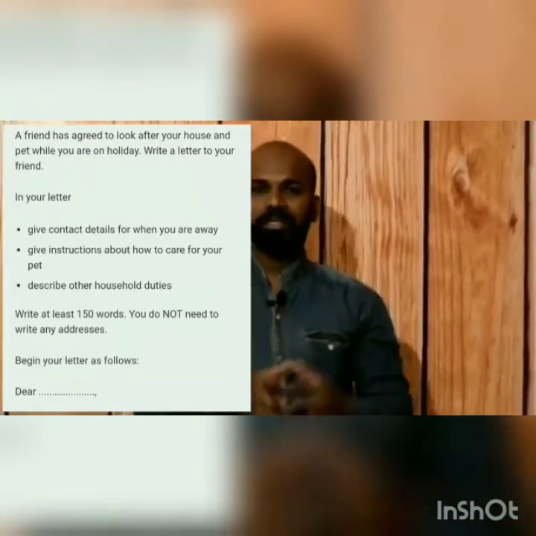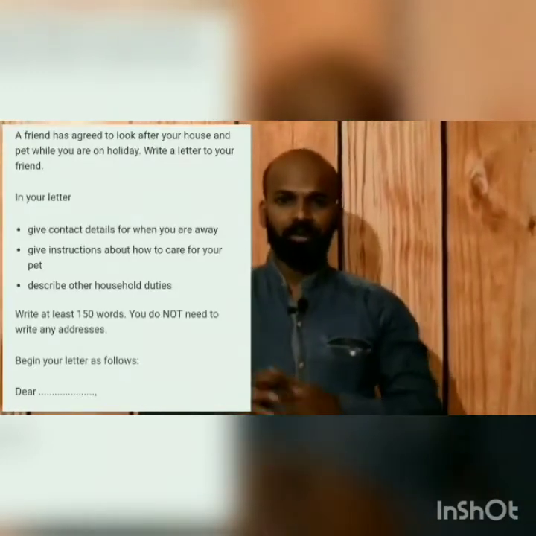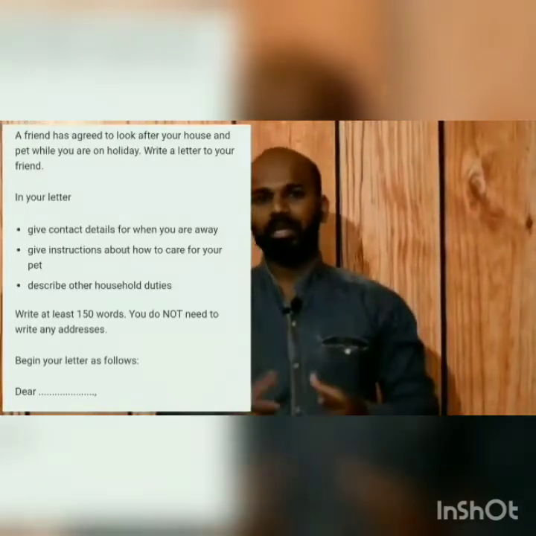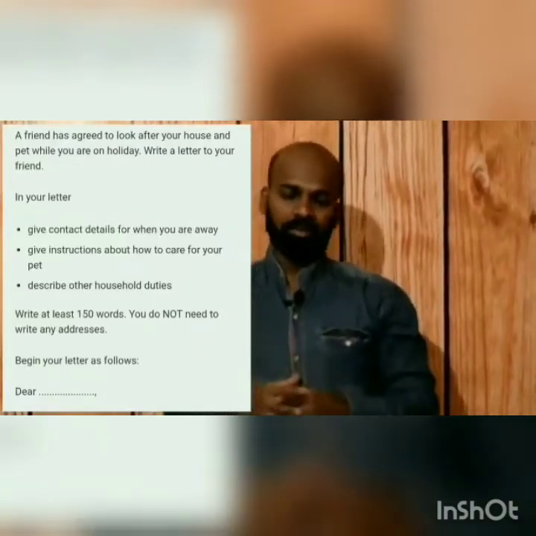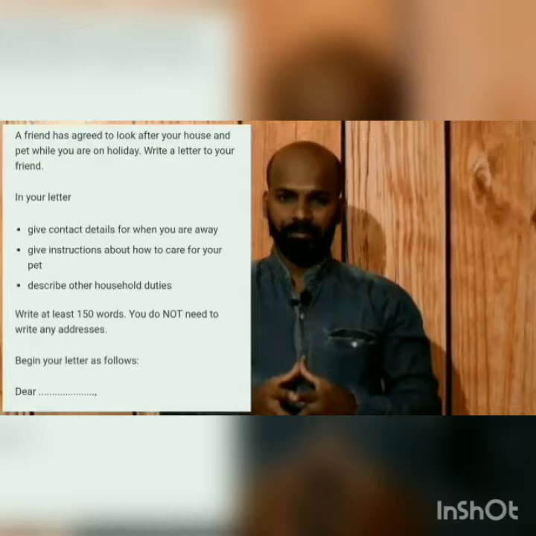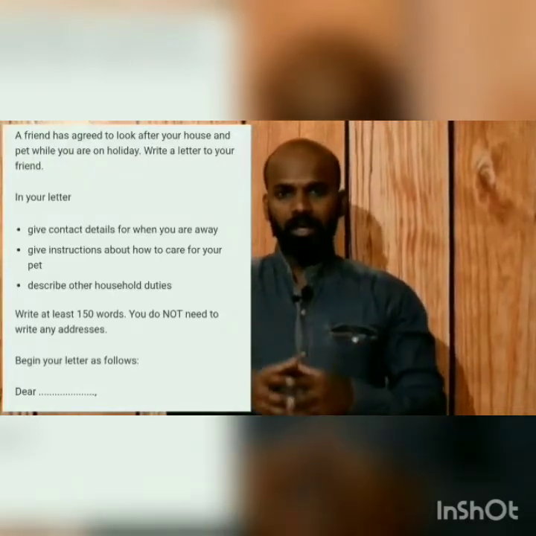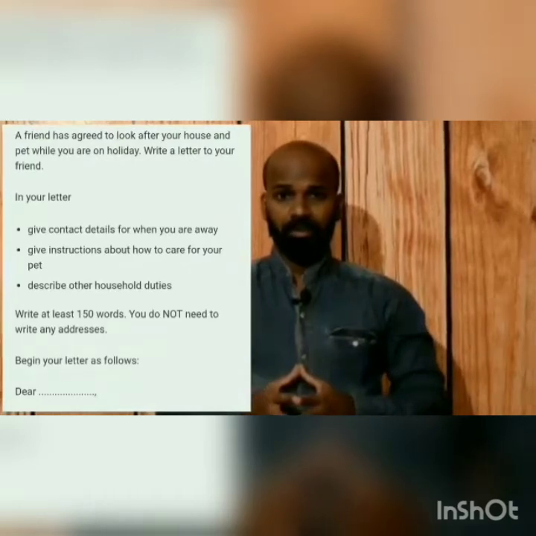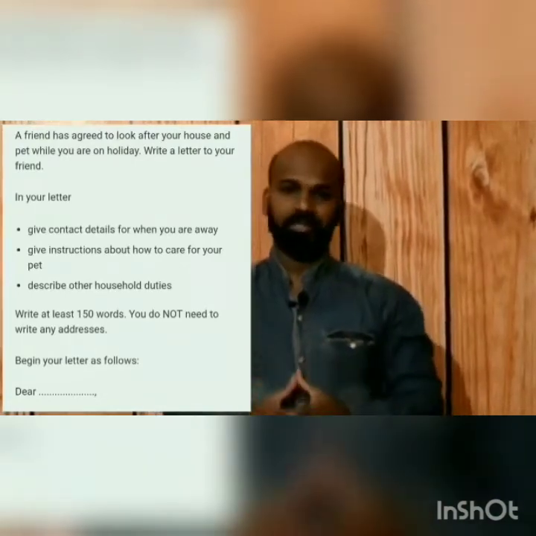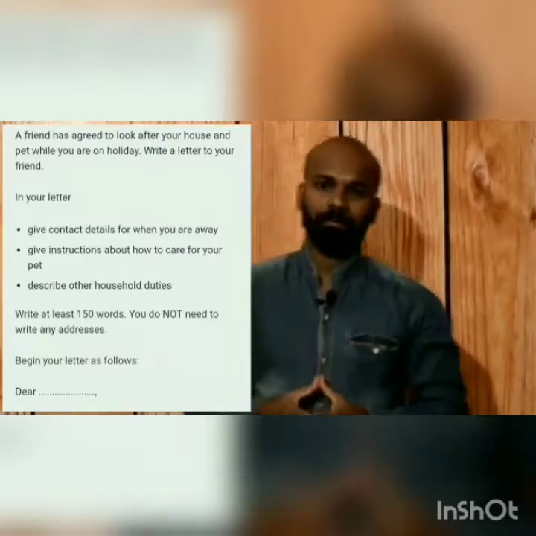Of course, in this condition this is an informal or friendly letter, so you can start with Dear, then the first name of the recipient to whom you are writing the letter. Then you don't need to write any address. So this is how the question appears in IELTS General Task 1.